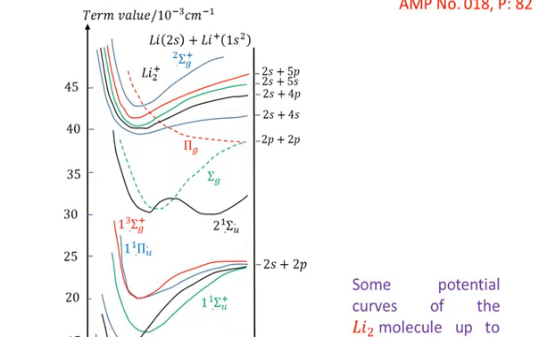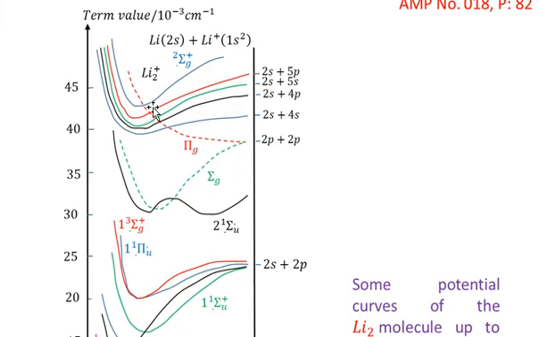So you see that there are some other levels, for example pi g and other levels, for the lithium molecule, which is a singly ionized molecule.